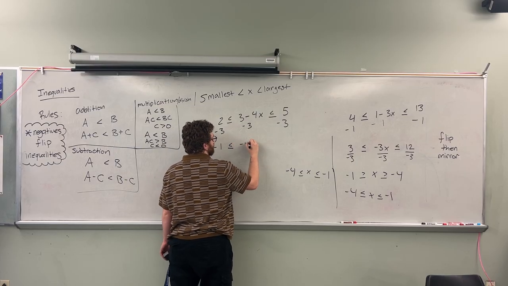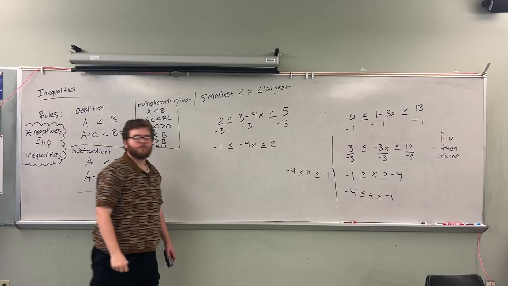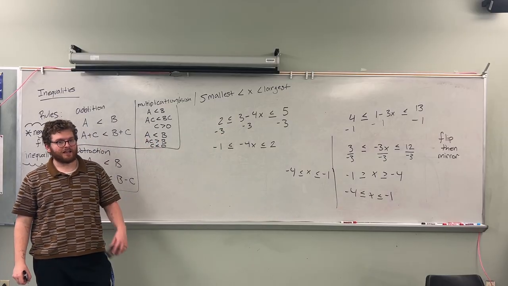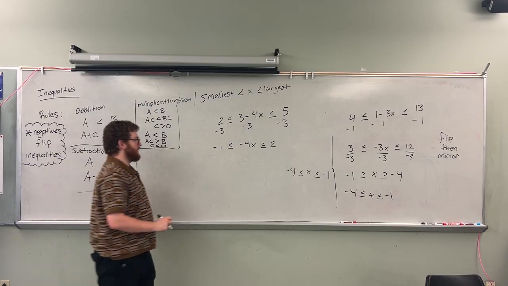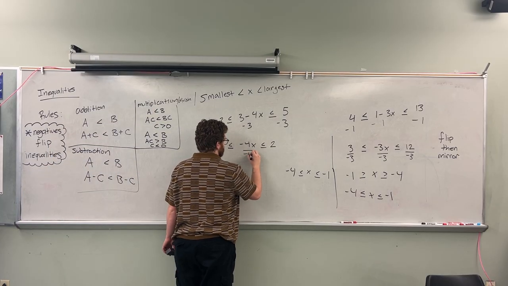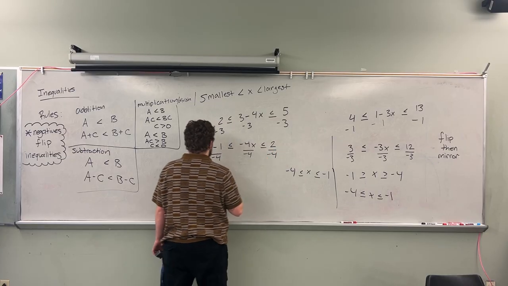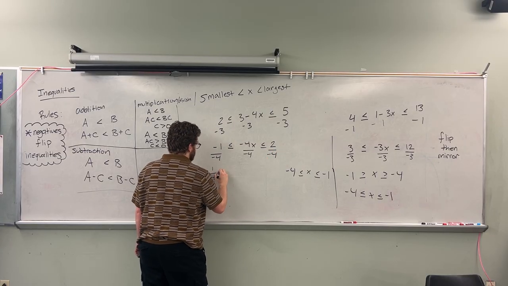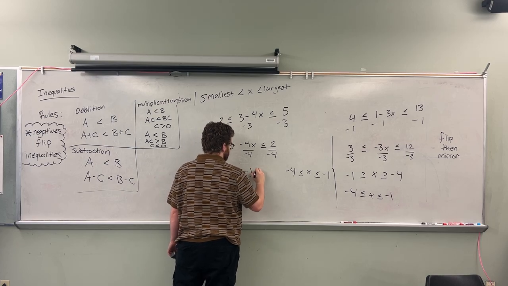I get -4x, and I get 2. Then I divide by -4. When I divide by -4, I flip all of my signs. So I get 1/4 greater than or equal to x greater than or equal to -1/2.